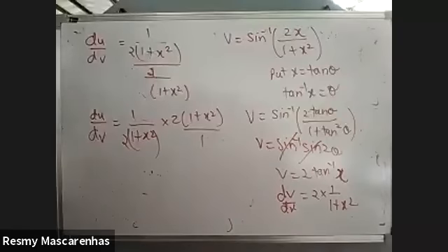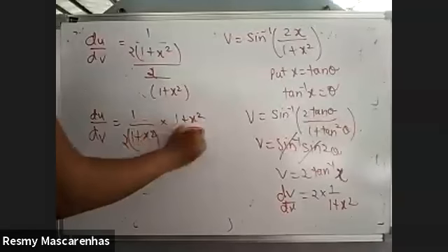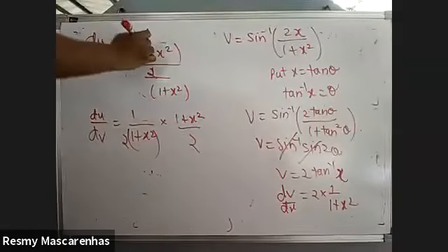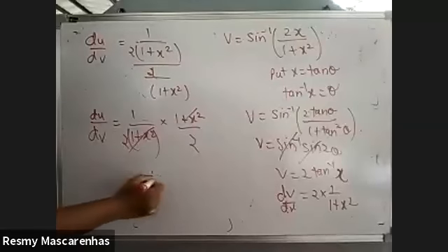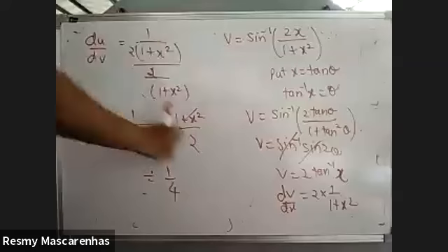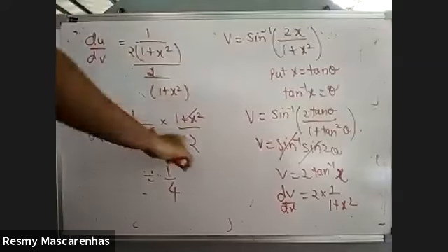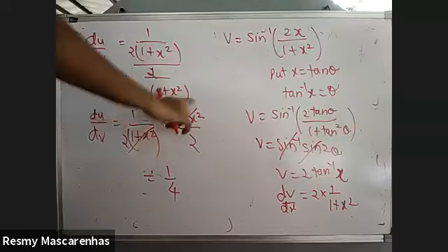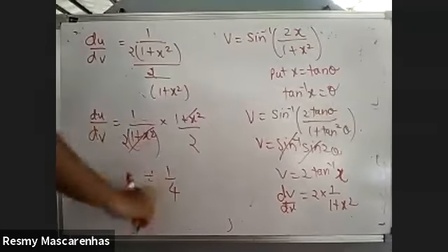That 2 should be in the denominator. Yes. So this will be 1 upon x square upon 2. And this will cancel. The answer will be 1 by 4. U answer upon V answer, and then this got reversed. This went to the numerator, this came to the denominator. Alternate ones got cancelled, and the answer you get is 1 by 4.